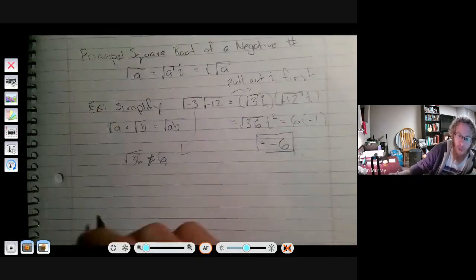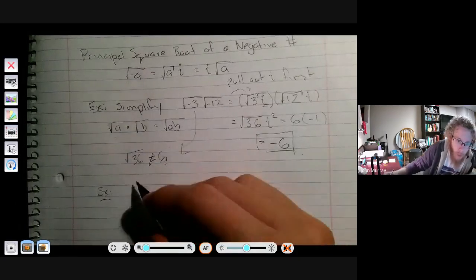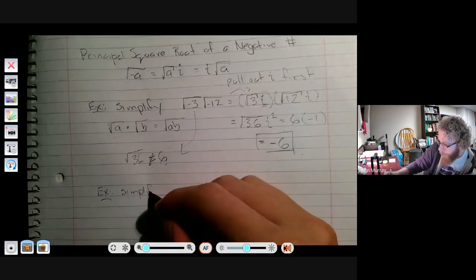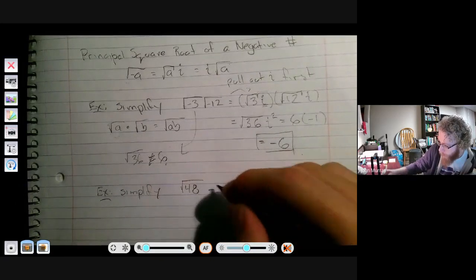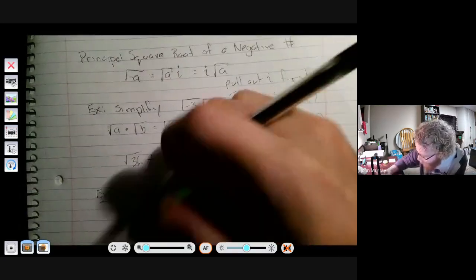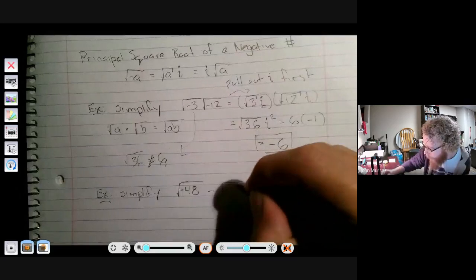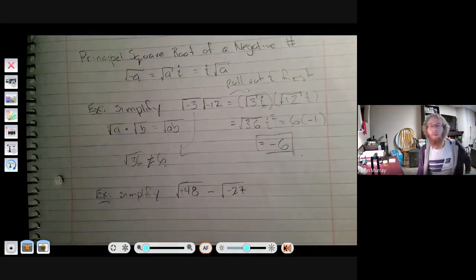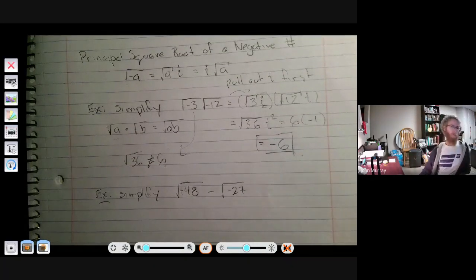All right, let's look at one more simplify example, and then we'll move on. Okay, so this involves two types of simplification.